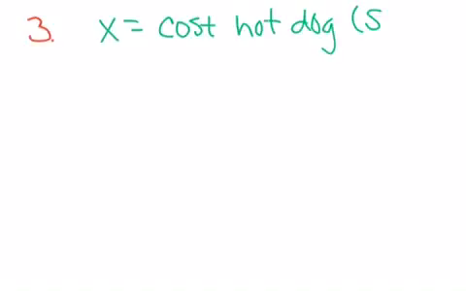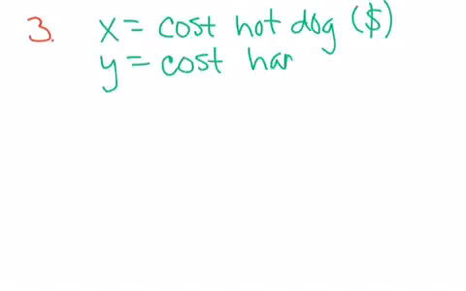So I'm going to define my variables as x, the cost of a hot dog, which we know is going to be in dollars, and y being the cost of a hamburger, also in dollars.